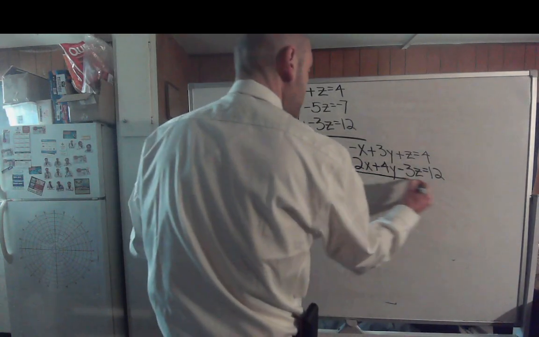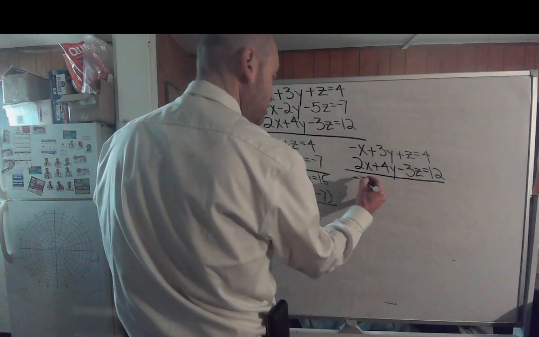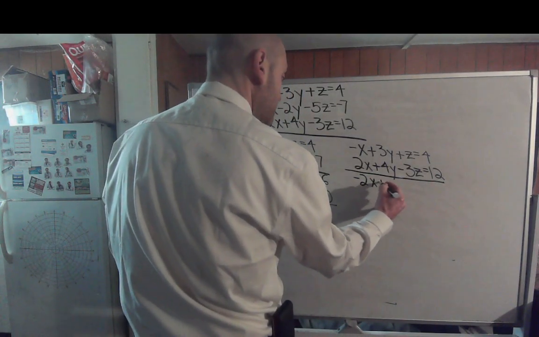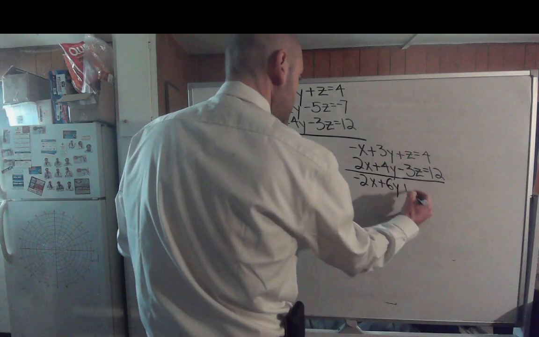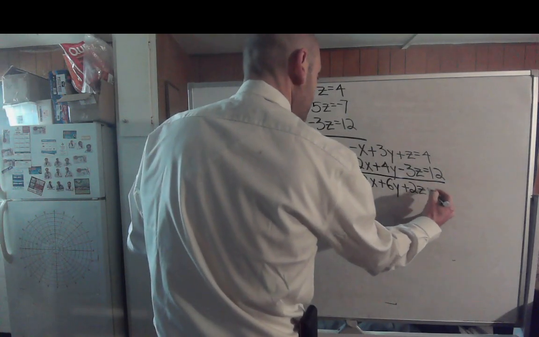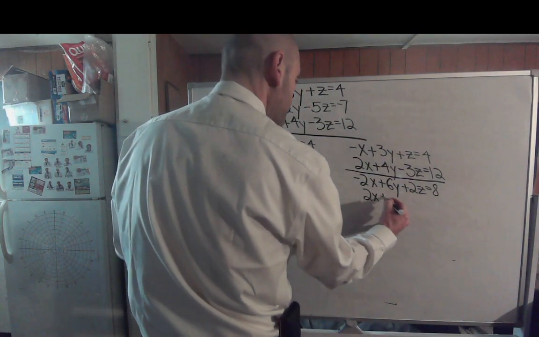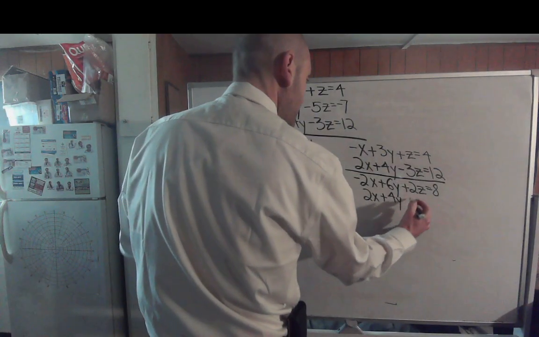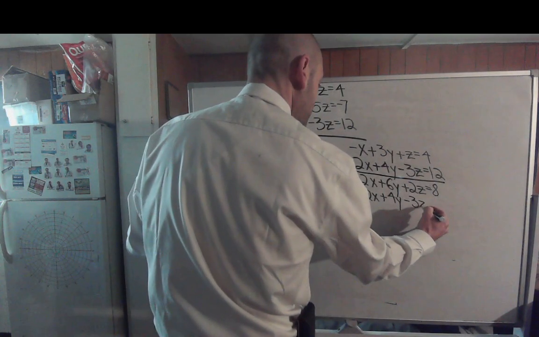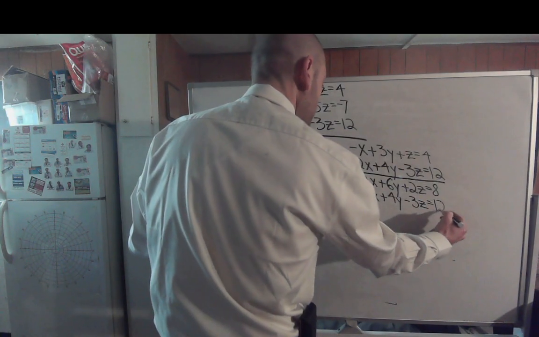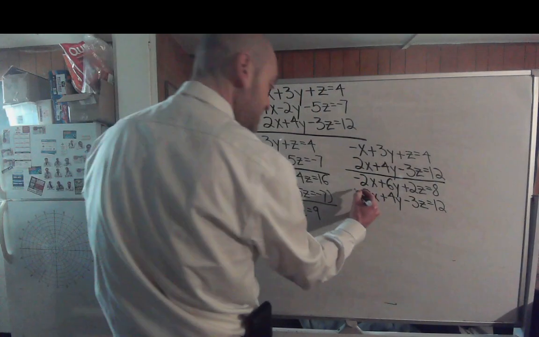Well, let's multiply that top equation by 2. You get negative 2x plus 6y plus 2z equals 8. And then you'll have 2x plus 4y minus 3z is equal to 12. Now we can easily add these two equations.